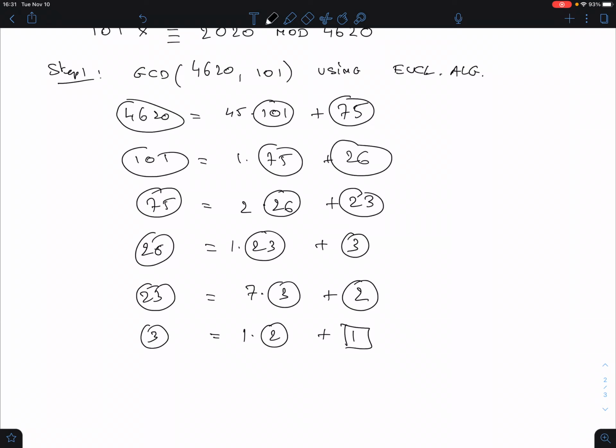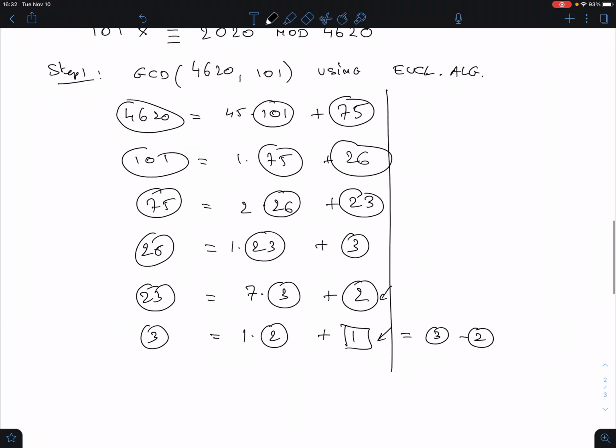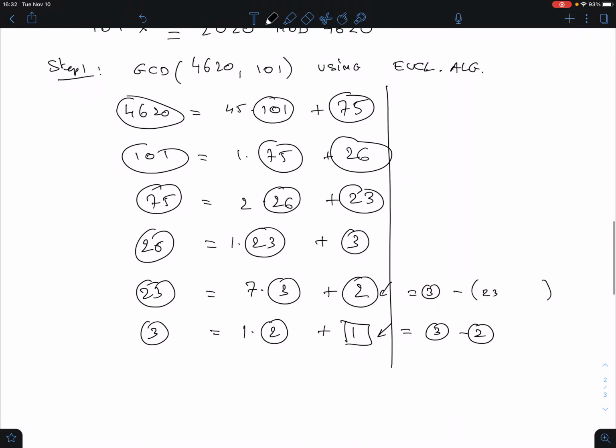And now we have to go backwards. So 1 is equal to 3 minus 2. Okay, so this is now taken care of. Now we use this 2 here by rewriting it. This 2 will now be written as 23 minus 7 times 3. Remember, what I do is bring this to the other side, and this gives me a new formula for 2.